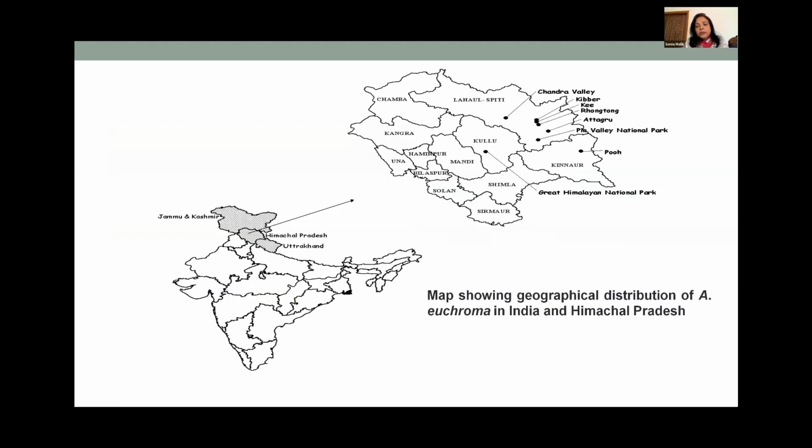This is the slide showing a map about the geographical distribution of Arnebia euchroma in India. It is found in the high altitude of the Himalayan region, especially in Himachal Pradesh areas like Lahaul, Spiti, Kullu, Rohtang bypass. This can be seen growing very easily.